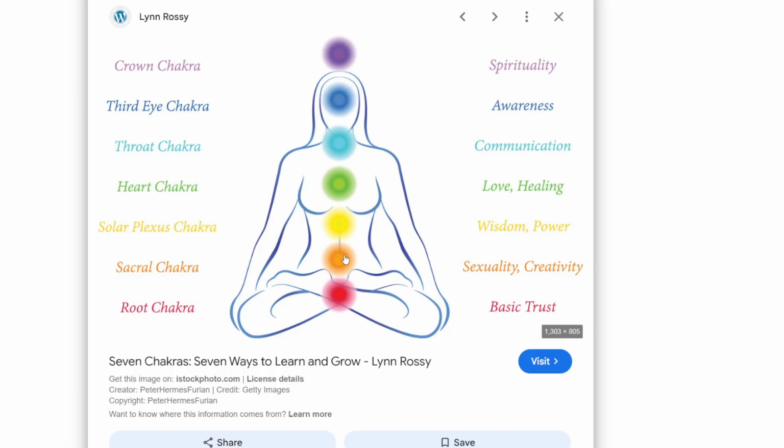These two are above and below the navel. Some people say that this solar plexus is the navel area, but I consider navel to be in the center, and these two are top and bottom of navel. So these are the 5 chakras in between.